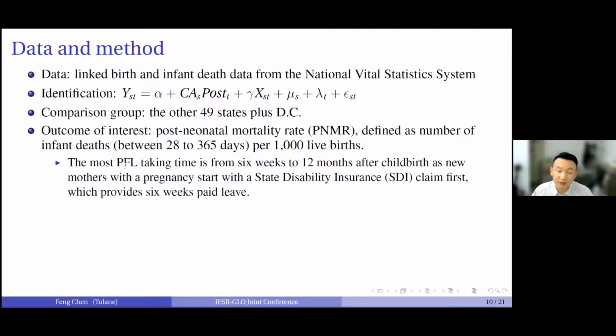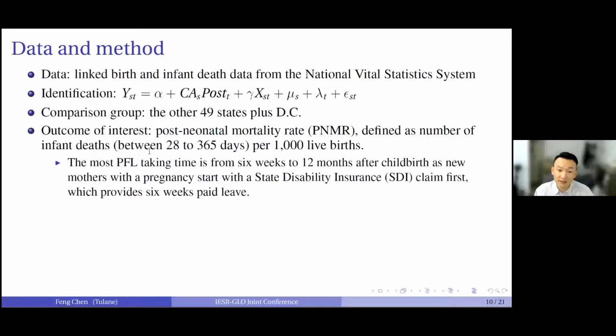For example, you can take 1 week and save 5 weeks for future use, as long as it is within 1 year after childbirth.